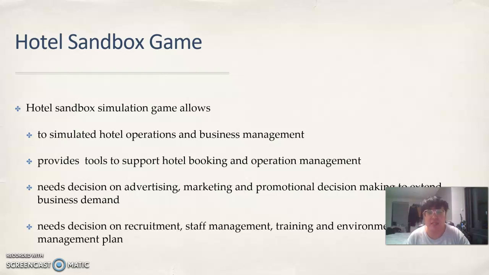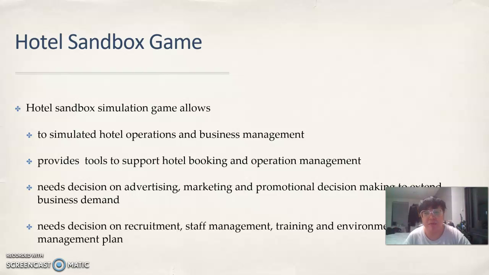To experience the marketing and business management functions of an organization, the Hotel Sandbox simulator game is conducted. The simulation game allows individuals or groups to simulate hotel operations and business management practices. It provides several tools to refine or support hotel booking and operation management and imitates its real-life working.